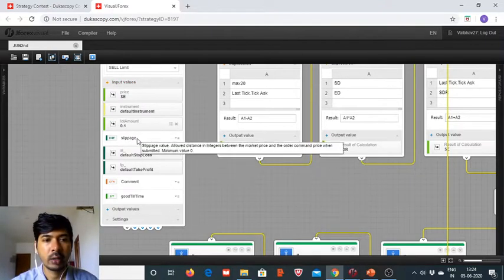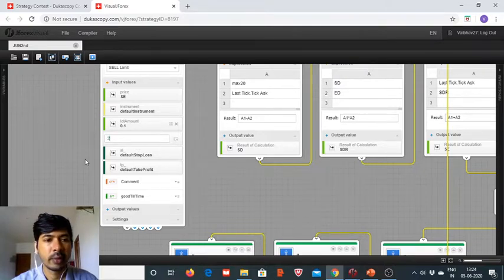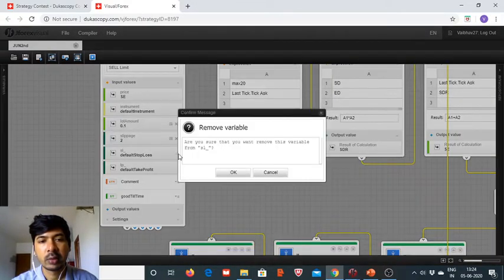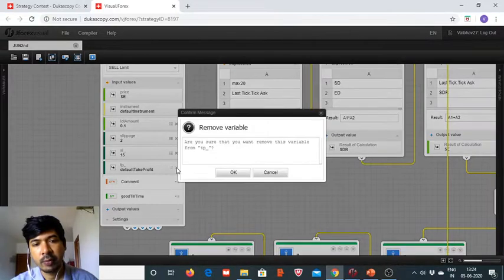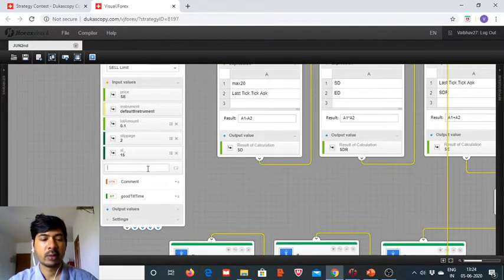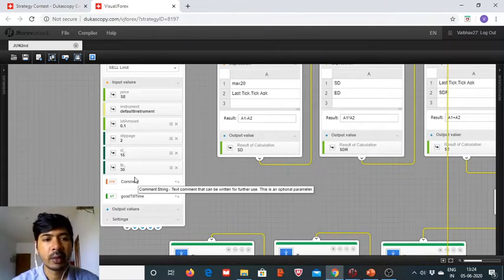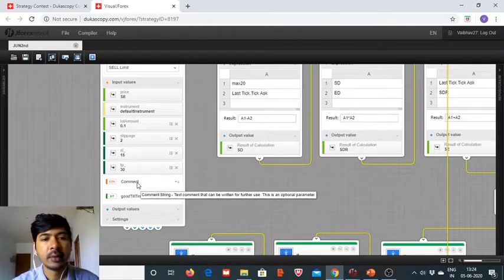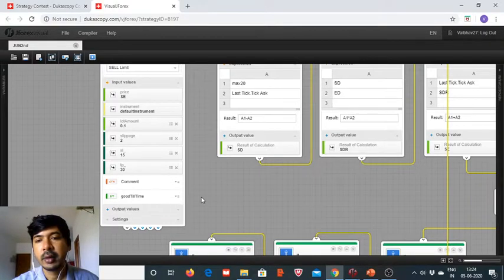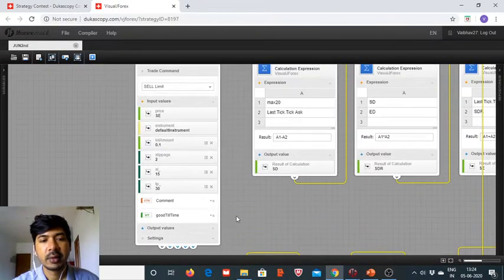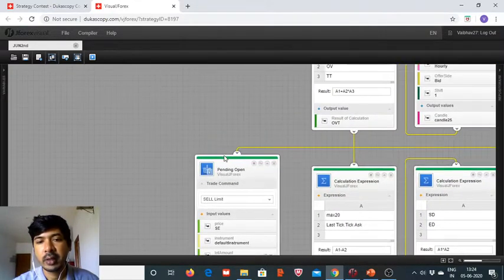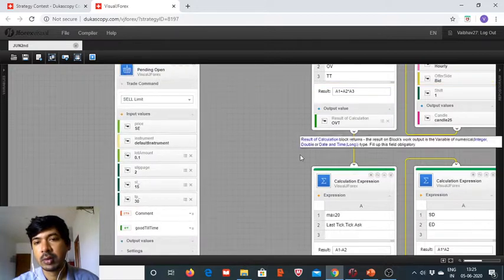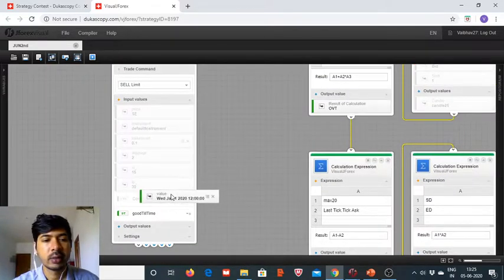Slippage is at 2 pips, stop loss is at 15 pips, and take profit is at 30 pips, and here order validity, which we have already calculated, that is OVT 3 hours.